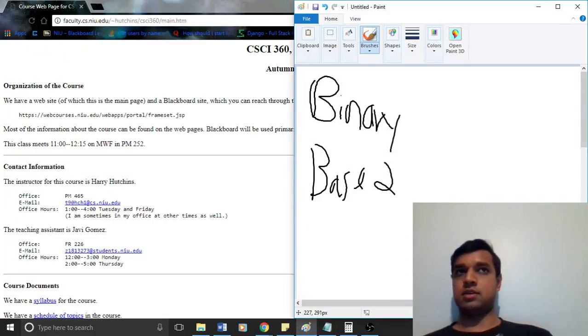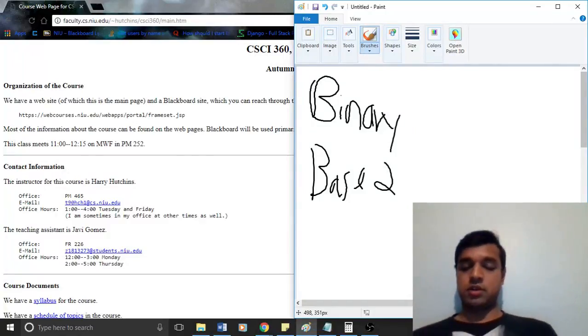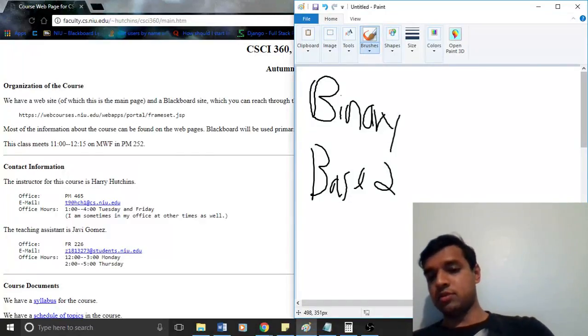Then that data has to be communicated through a computer. How is that possible? You use a binary number system in order to communicate with the computer.